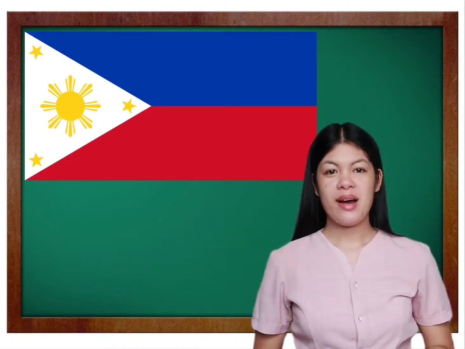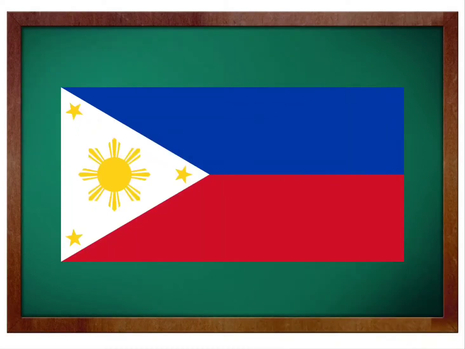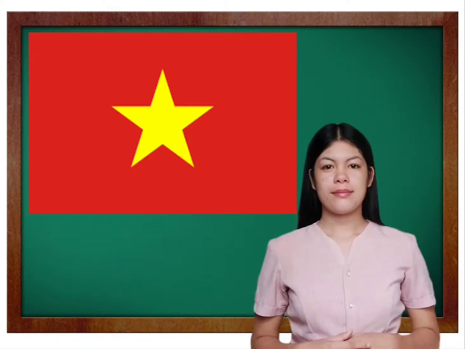What do you think are the tools and instruments used to draw this flag? Yes, that's great. The tools and instruments used to draw this flag are compass, protractor, triangle, and T-square.